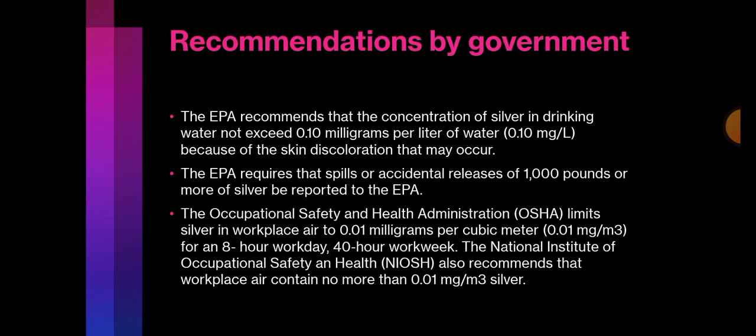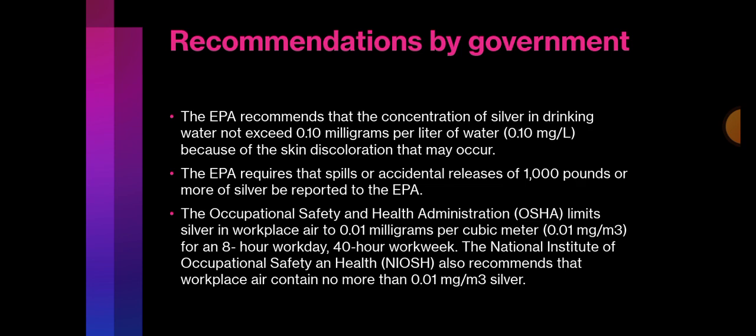Recommendation by government. The EPA recommends that the concentration of silver in drinking water not exceed 0.10 milligrams per liter of water because of the skin discoloration that may occur. The EPA requires that spills or accidental release of 1,000 pounds or more of silver be reported to the EPA.